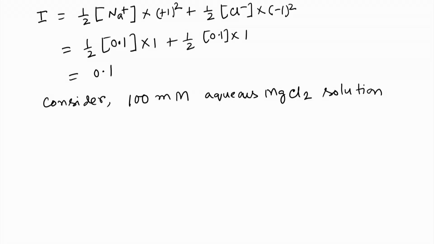When you dissolve MgCl2 in water, it gives Mg2+ and 2 Cl-.